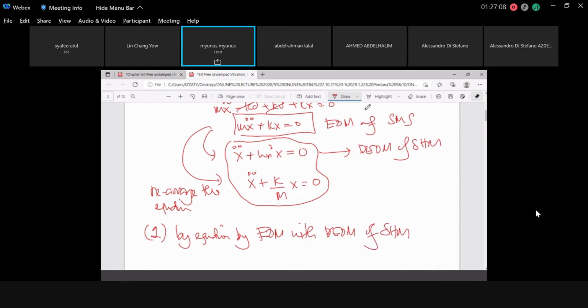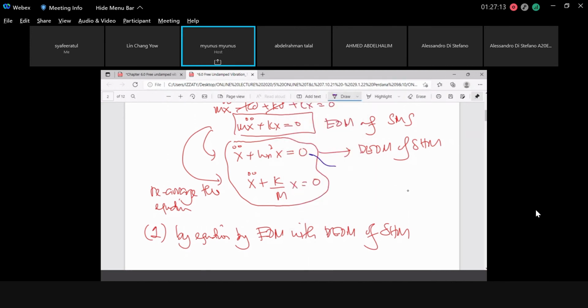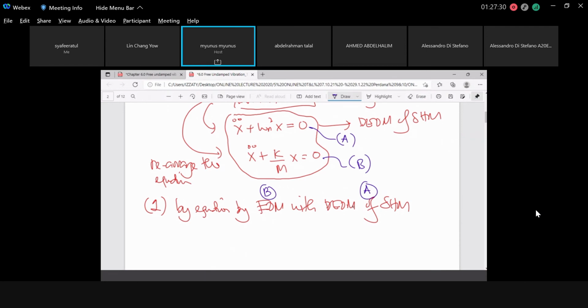If supposing I put it here, this one is A, this one is B, for example. So it's basically this one, the differential equation of motion, is B. This one is A. You equate these two equations. So what you have here, you pick up the common one, the second term of the equation. You can simplify this one.